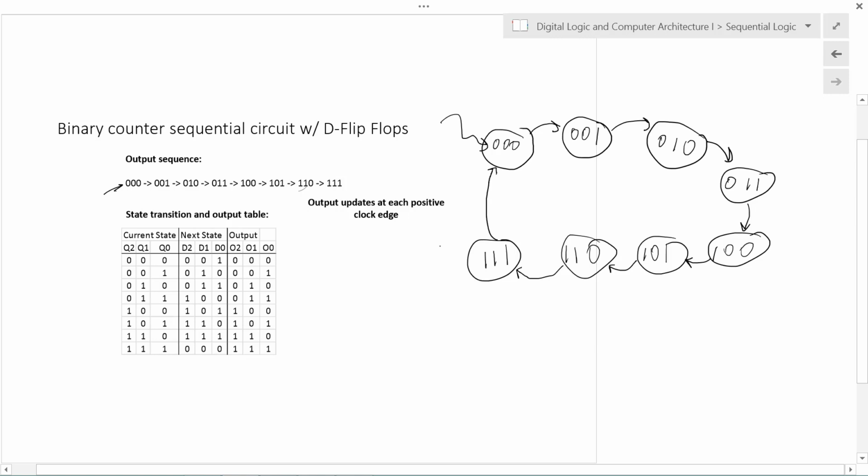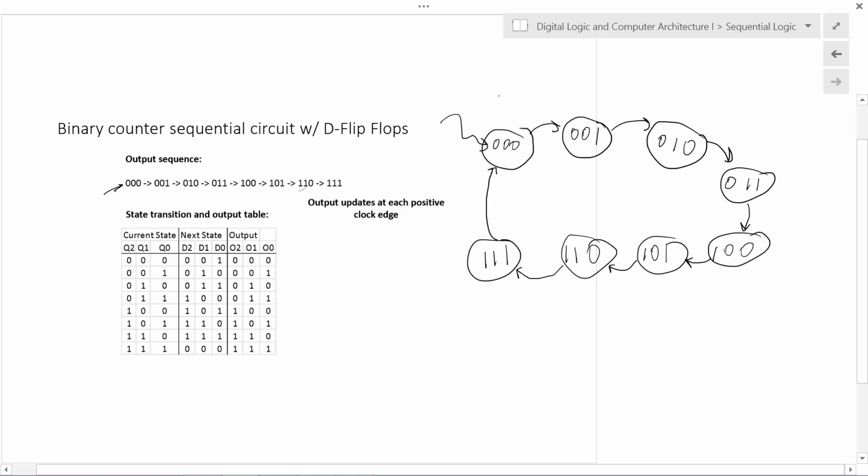We can translate this to a truth table by saying we have 3 input variables to our Boolean logic.